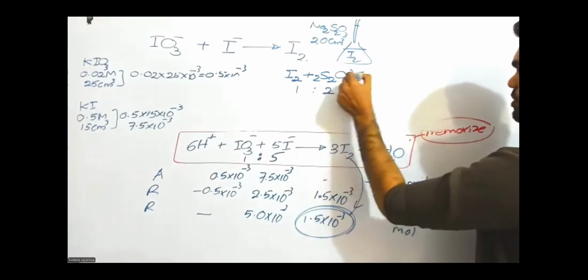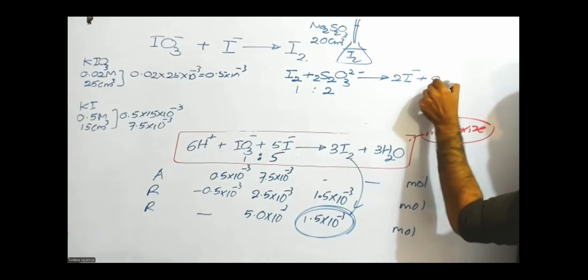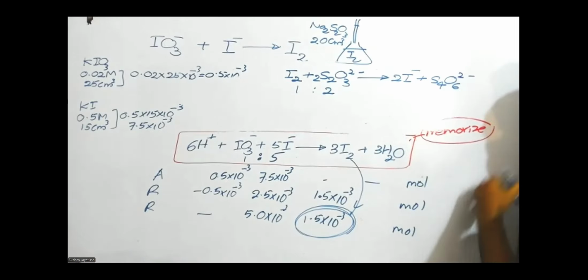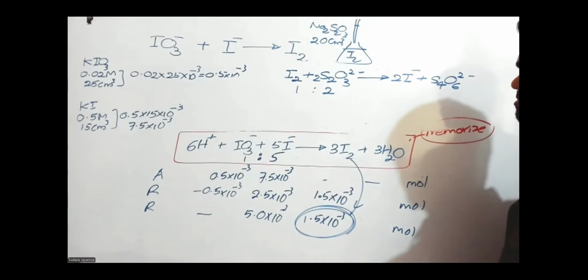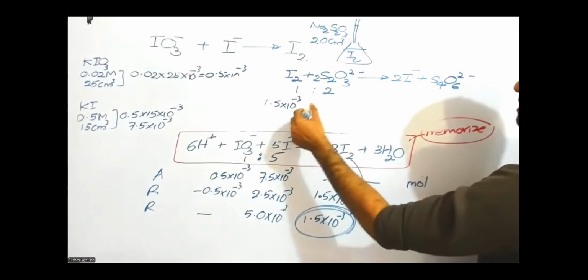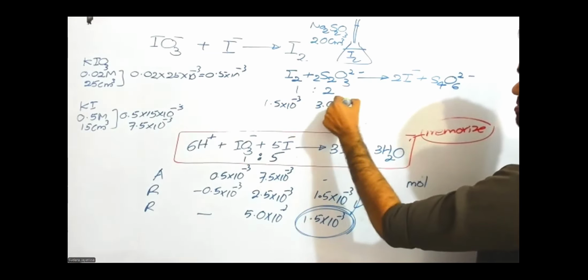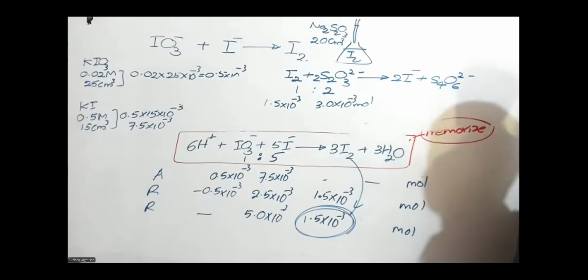They react in 1:2 ratio to form 2I minus and S4O6 2 minus. Okay, S4O6 2 minus. Yes, so you got 1.5 moles of this, no? So 2 times like that, that means 3.0. Thiosulfate will be there.